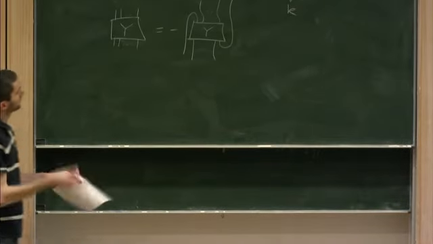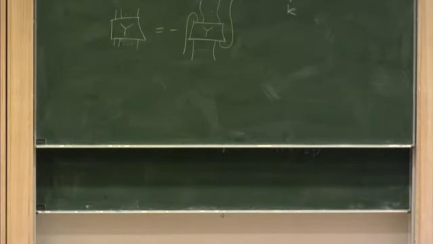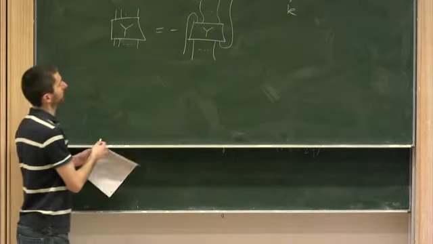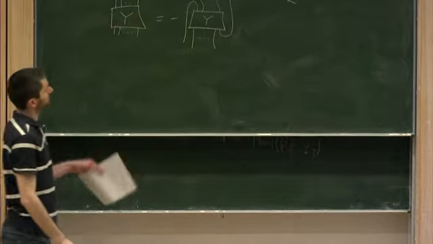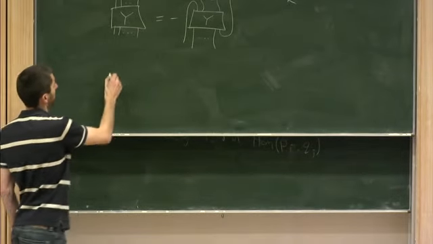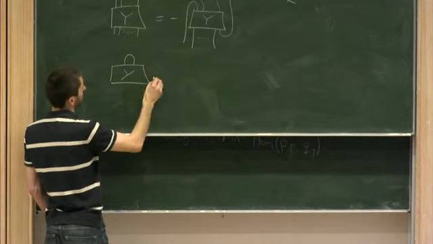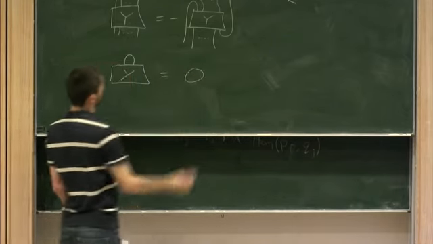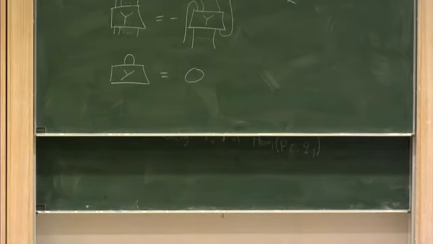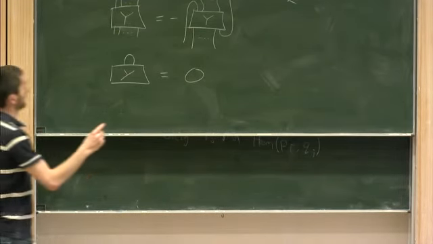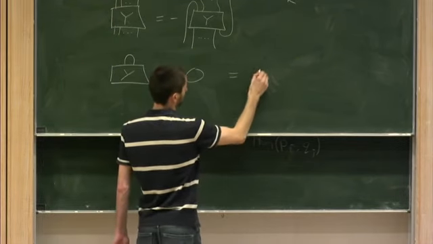So if we do a rotation by 1 of y, then we introduce a minus sign. If we attach a cap to y anywhere, it's killed.